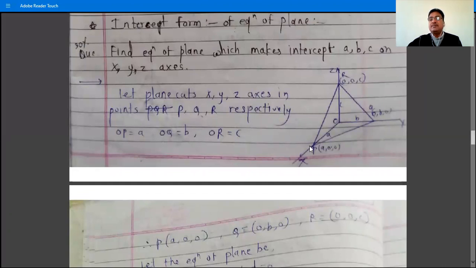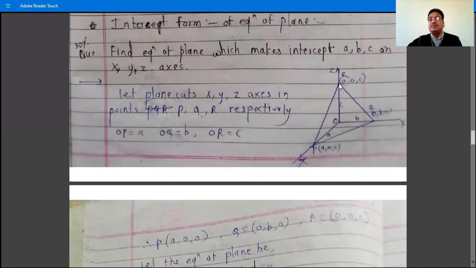So this triangle is the plane which makes intercepts a, b, and c on the x, y, z axes. As this distance is a, the coordinates of this point P are a, 0, 0. Suppose this is the point Q, then its coordinates are 0, b, 0.